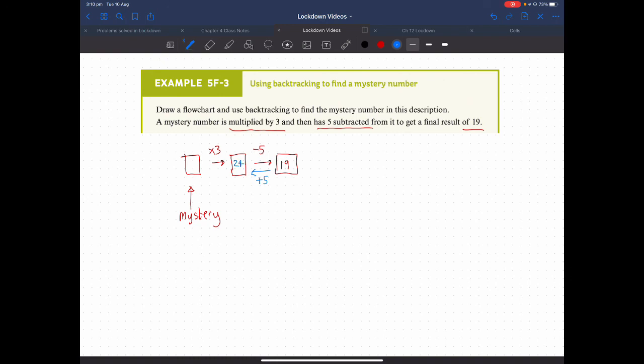I now need to go back one more step, one more operation, to get to the mystery number. So from the mystery number to the middle number, I multiplied by 3. So the inverse operation will be divide by 3. 24 divided by 3 is 8. So 8 is the mystery number.